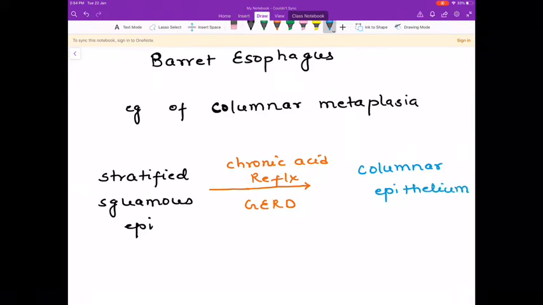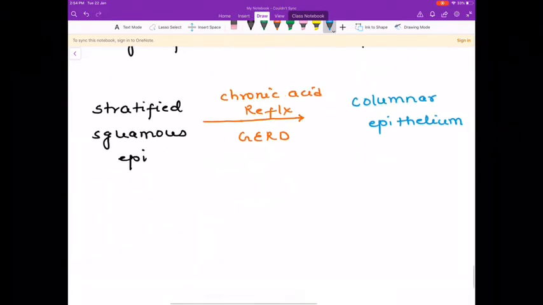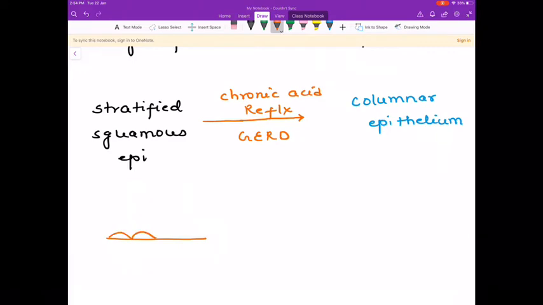Which type of columnar epithelium is resistant to acid? Intestinal type of columnar epithelium. If I had to draw it, then stratified squamous epithelium will be drawn like this: many layers of polygonal cells, centrally placed nucleus. This is stratified squamous epithelium.